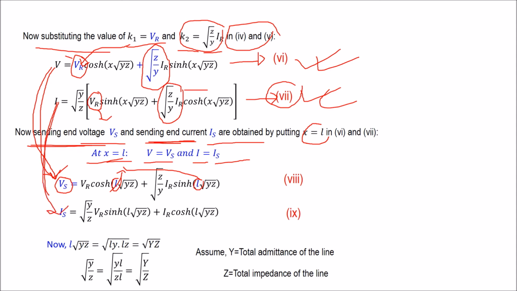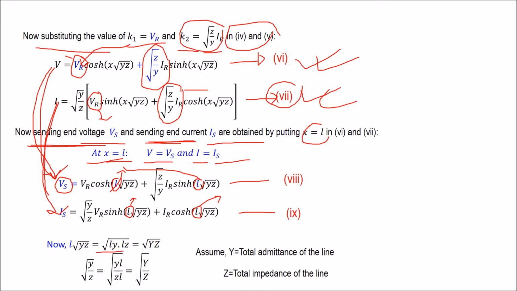And here it was X, now we put L, and here it was X, we put L, right? So this is equation number 8, this is equation number 9. Now we can write L root over YL equal to Ly multiplied by Lz, right?